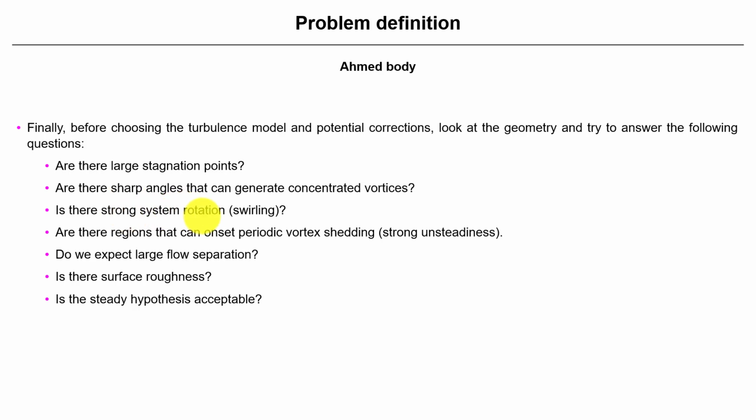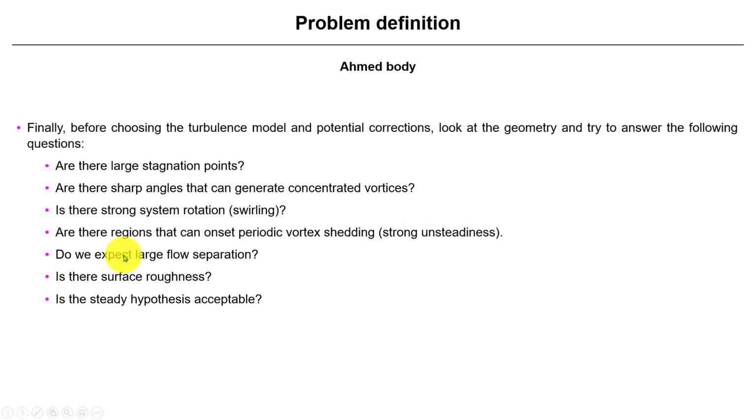Okay, are there regions that can set periodic vortex shedding? And remember, we go back to one of the first tutorials, the unsteady one, the cylinder, where we have the unsteadiness, the von Karman vortex street behind the cylinder. So are there regions here that might generate that? Because this is immediately an indication that you need to use an unsteady solver.